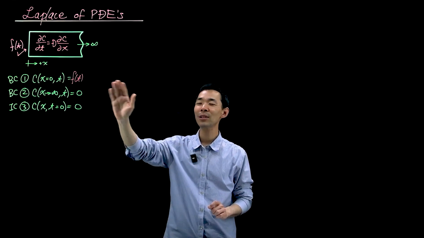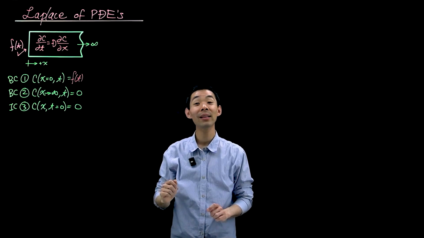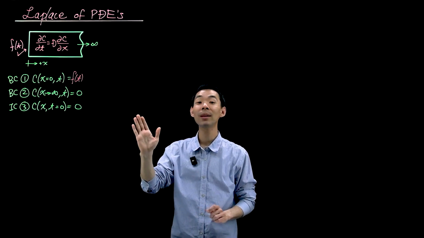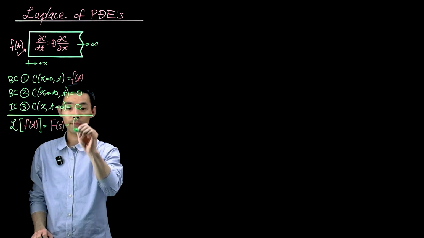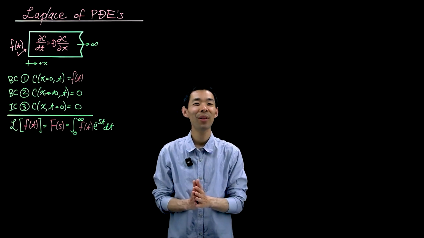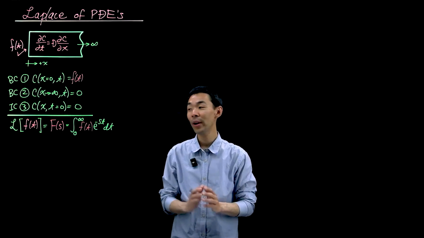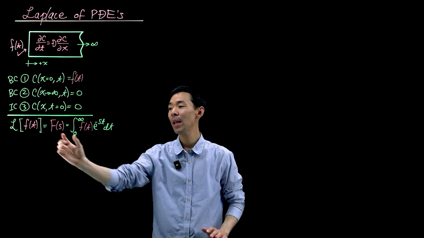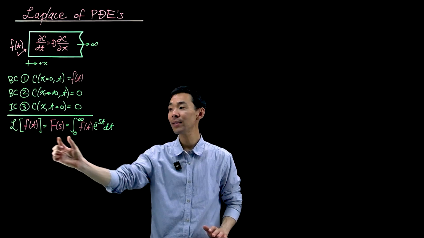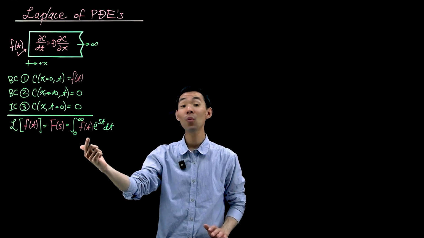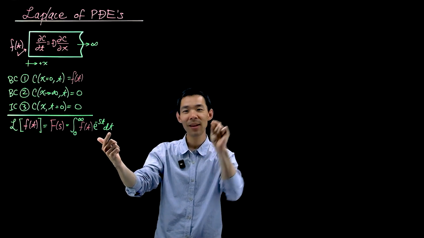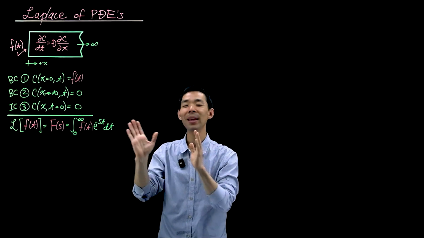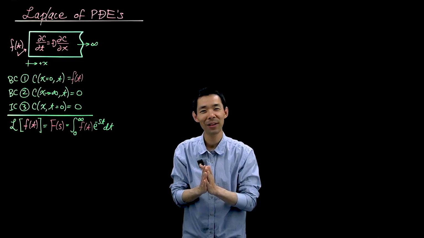So let's try to solve this problem first by defining the Laplace transform of our multivariable function concentration C. We define the Laplace transform of a single variable function, like f of t, as capital F of s, which is simply the function you want to Laplace transform, f of t, slap on an e to the negative st, integrate from 0 to infinity, and that was our definition for the Laplace transform.